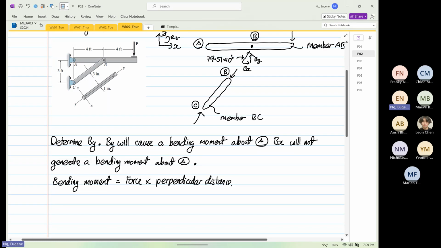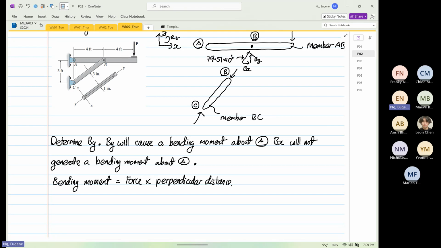So there are a few ways to calculate By. One way of doing it is we know that the resultant is 79.51, so you can write 3 over 5.